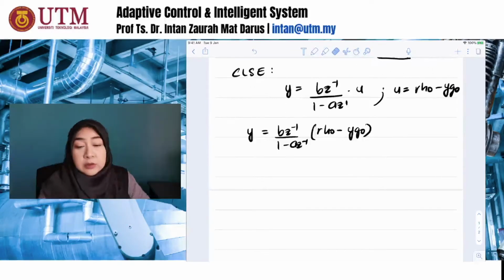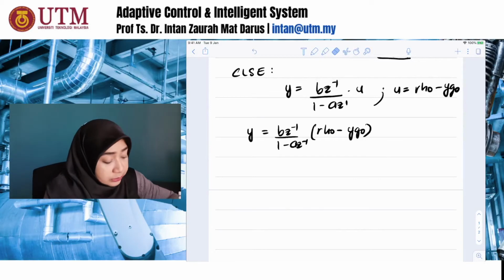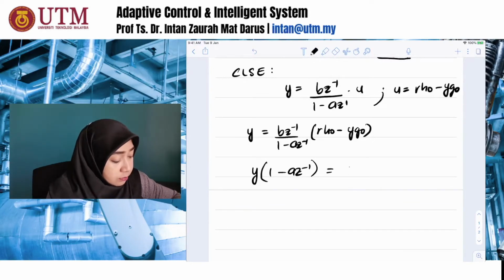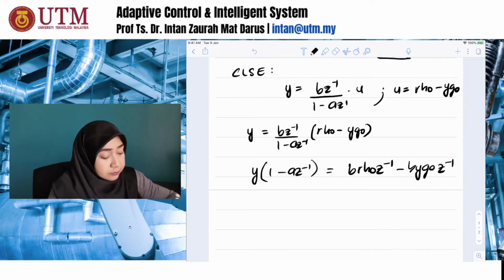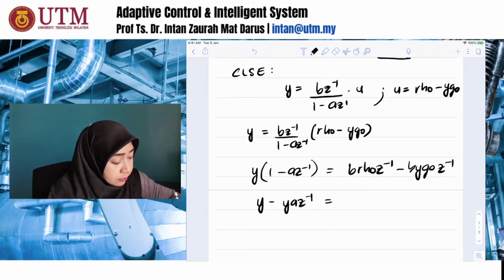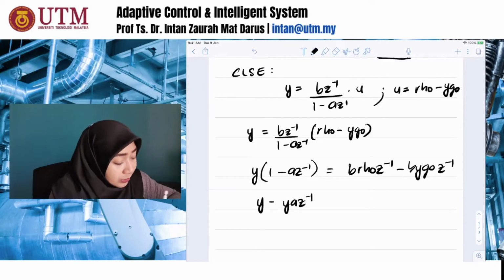Okay, so then you can expand this equation by multiplying y with 1 minus az^-1, and the bz^-1 is multiplied with rH naught and yG naught. Okay, since I have y on the other side as well, I'm going to collect all the y together.